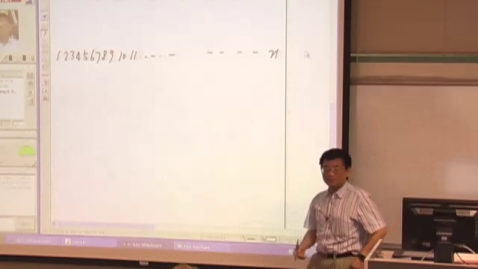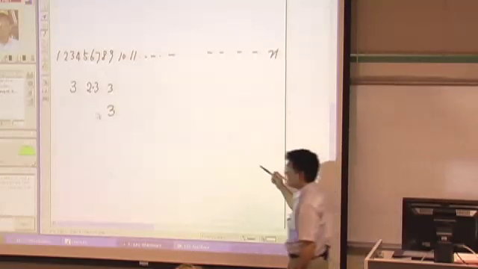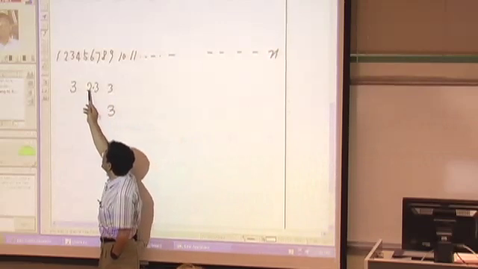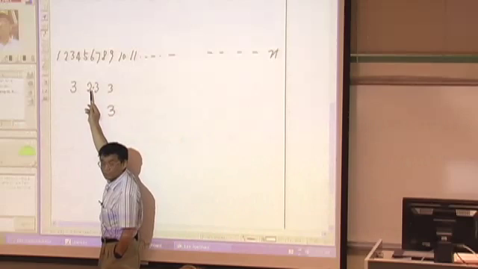So let's assume that we are counting 3. Then 3 is counted here. And then 6. 6 is 2 times 3. 9 is 3 times 3. Do you see the difference? When it doesn't have a repeating 3 factor, I wrote just 2 times 3. I just wrote 2 and then 3.